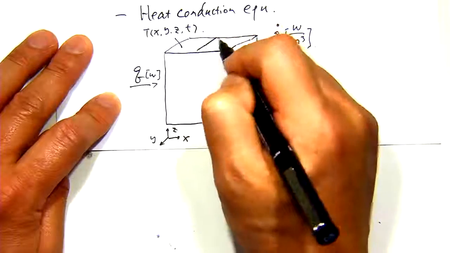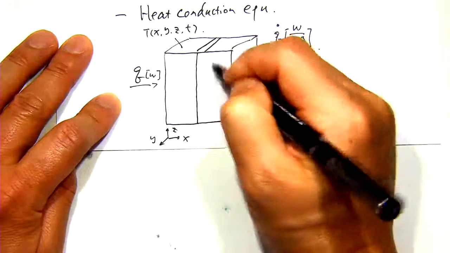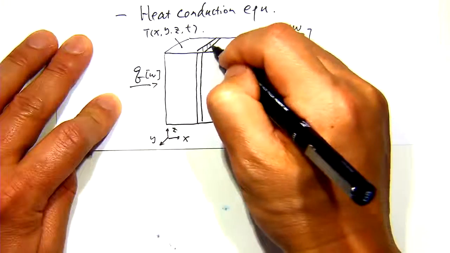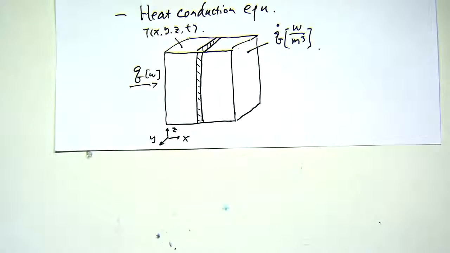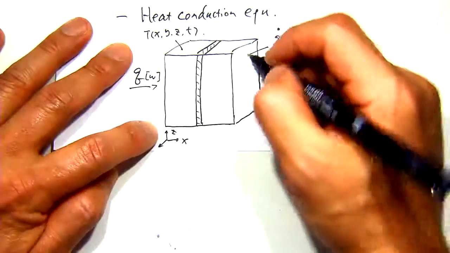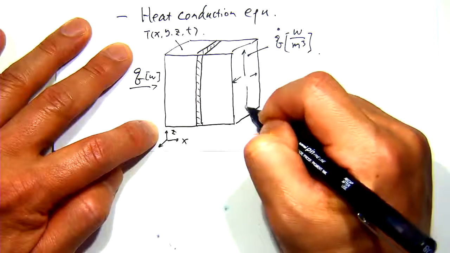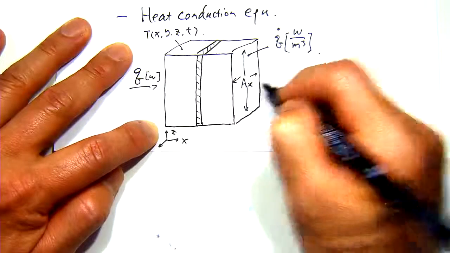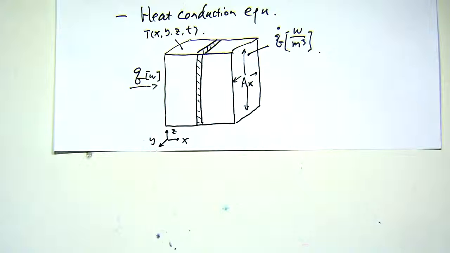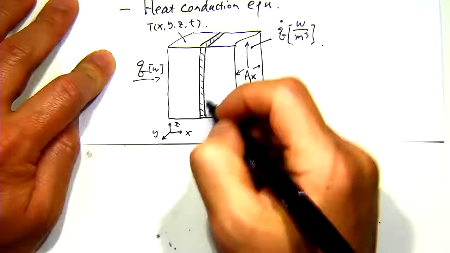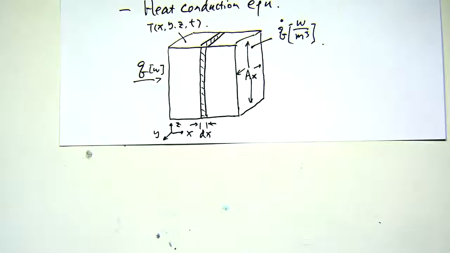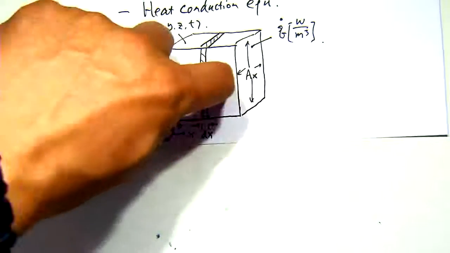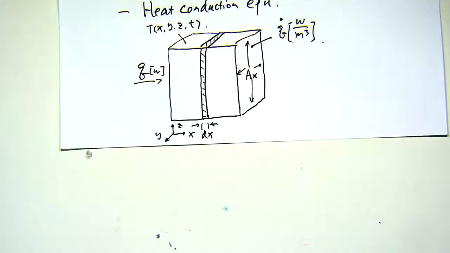Let's say I select a slice of this medium as my control volume, and that one is along the x direction. I call this area A_x, the area which is normal to the heat conduction in the x direction, right? This one has a thickness of infinitesimal dx, and it has a location of x and x plus dx. So that's our control volume.